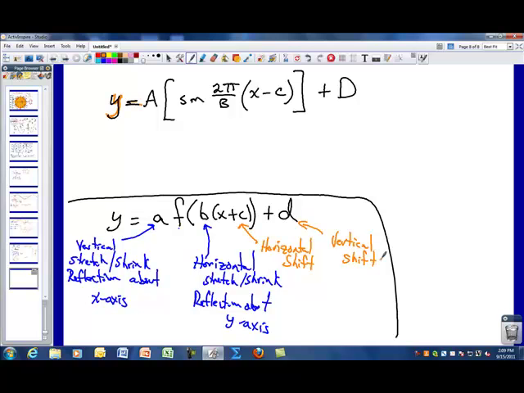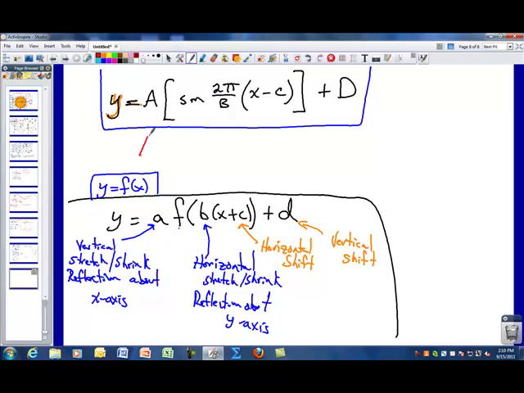What I'm talking about is my original function, y equals f of x. If you know what y equals f of x looks like, depending on what these numbers are, you might have a stretch vertically, a stretch or shrink horizontally, a reflection, and a shift. So up to this one, the A right here, of course, is the amplitude.